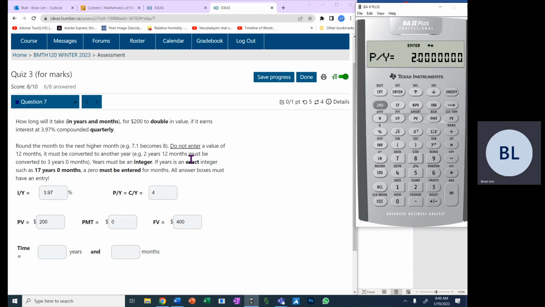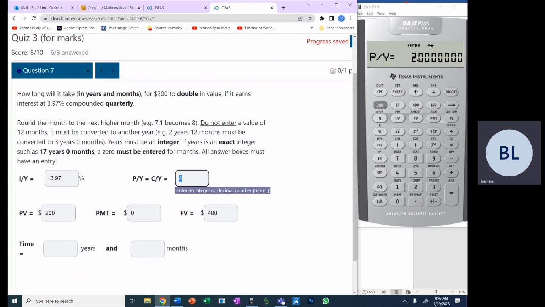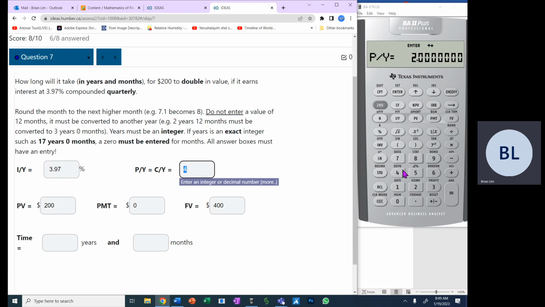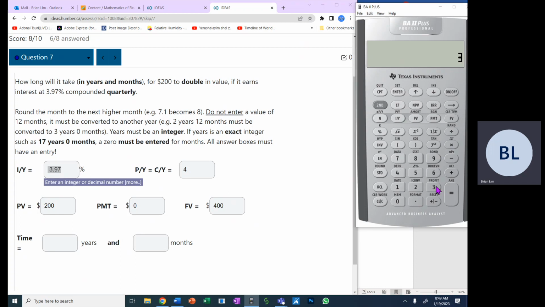So we start with the PY value, PY CY, it is 4. Maybe make it a little larger so we can see it a bit better. All right, so 4, enter, and that is the same for CY. So we come out of there and we enter the interest rate, which is 3.97.